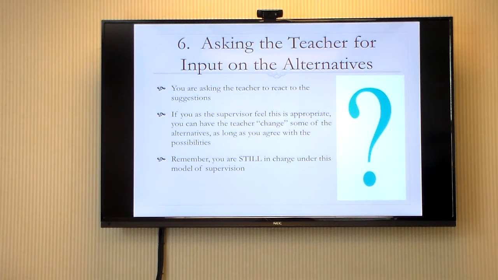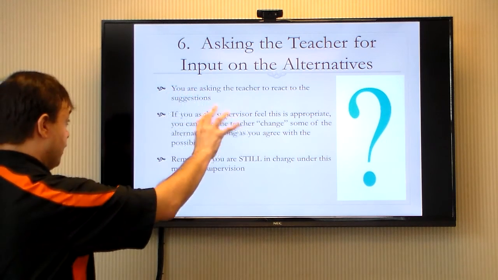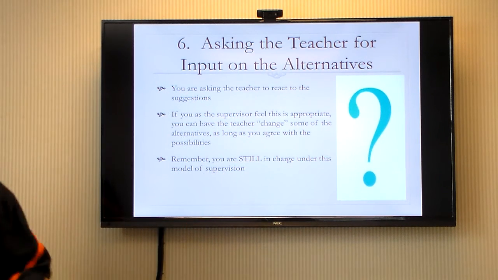So the next step, you would ask the teacher for specific input. You're asking them to react. If you think this is appropriate, the teacher can change some of the alternatives as long as you personally agree with what the possibilities are. You are still in charge. You are the boss in this model. You are the one that's going to give the input to the teacher, and I think that's important.